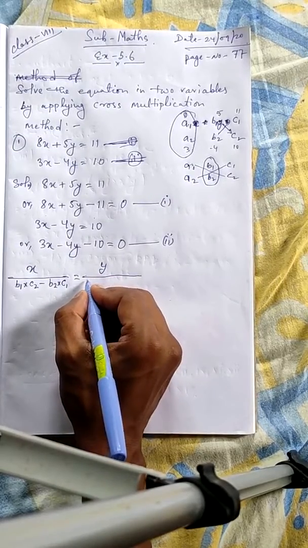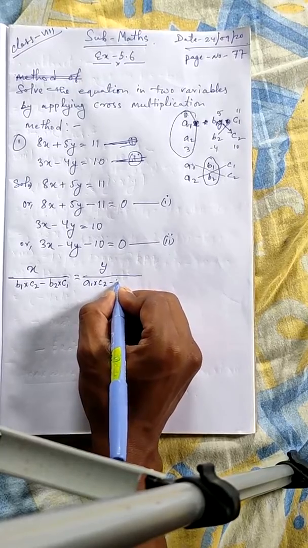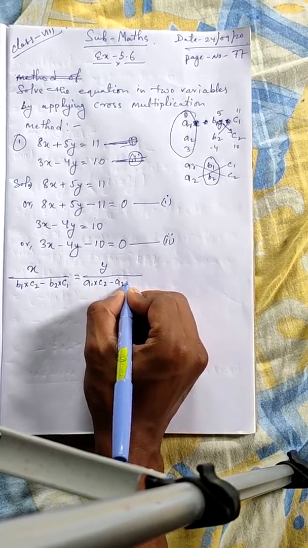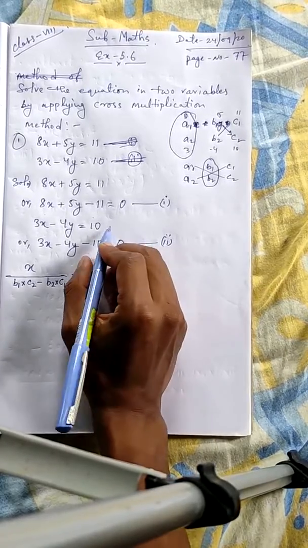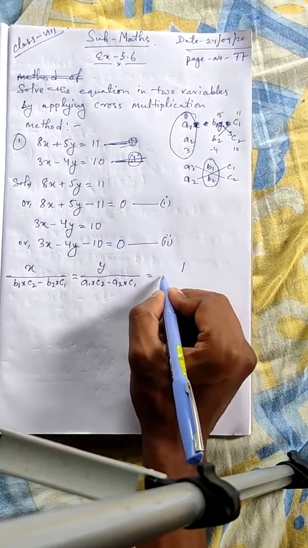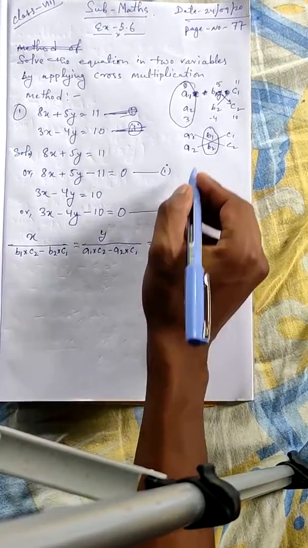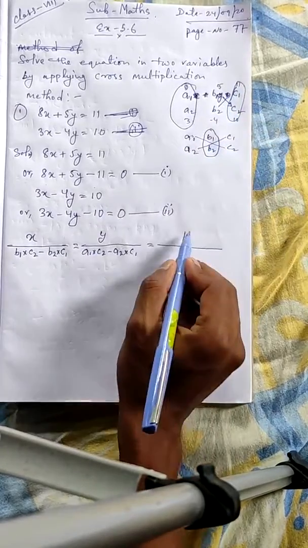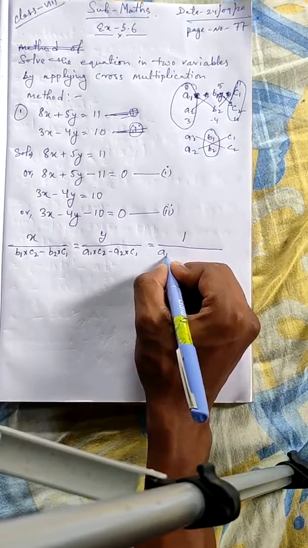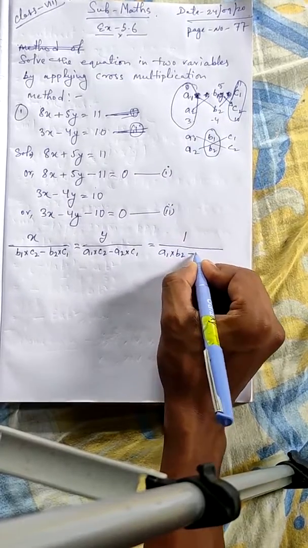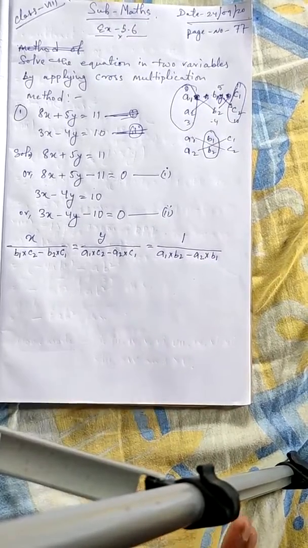So first we write a1 into c2 minus a2 into c1 equals, then 1 by a1 into b2 minus a2 into b1. That is the formula, you have to remember that one.